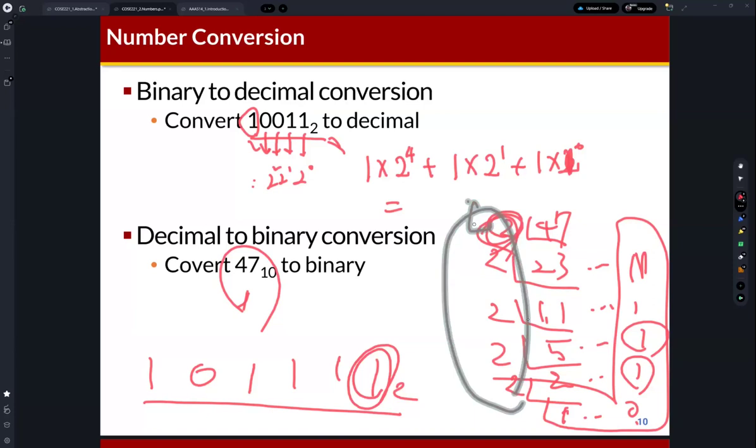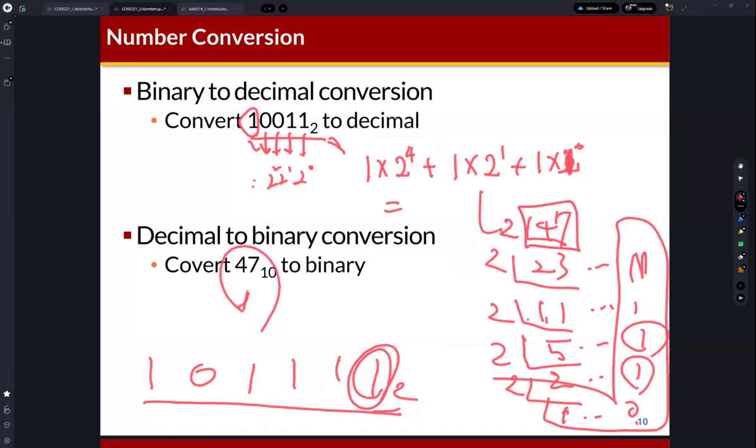Because I just divide this 47 using the binary base 2, the remainder becomes this 1, right? And after that, I also divide the quotient of this division by another 2. That is equivalent to dividing this number by 4, which is 2 to the power of 2. Then the remainder is 1.